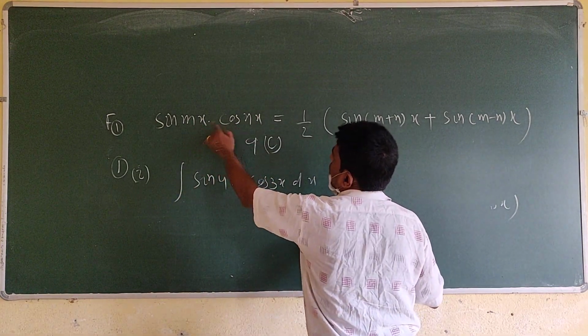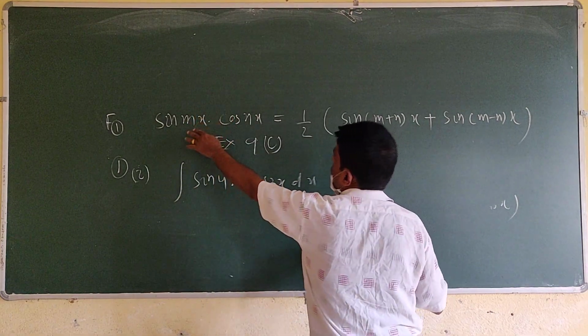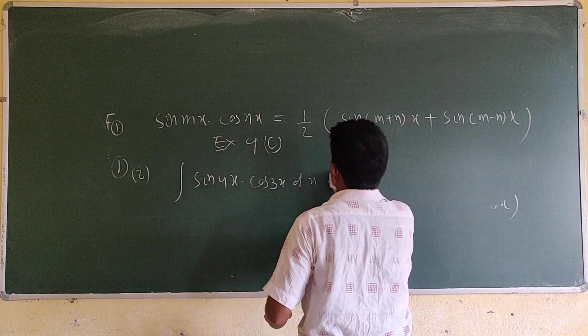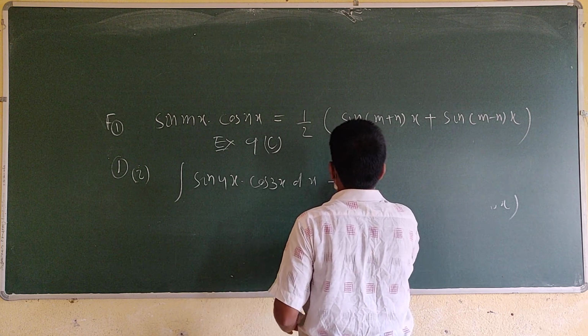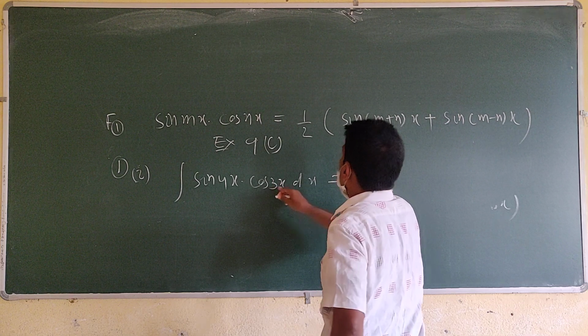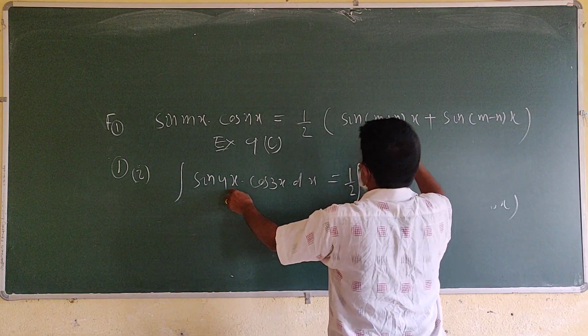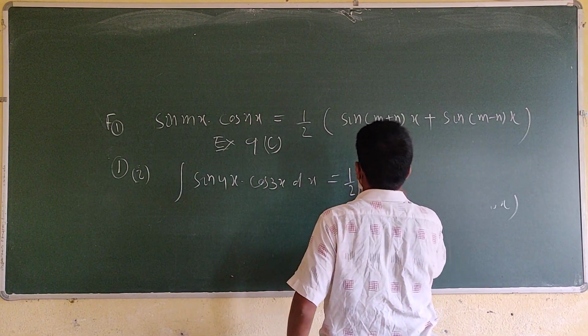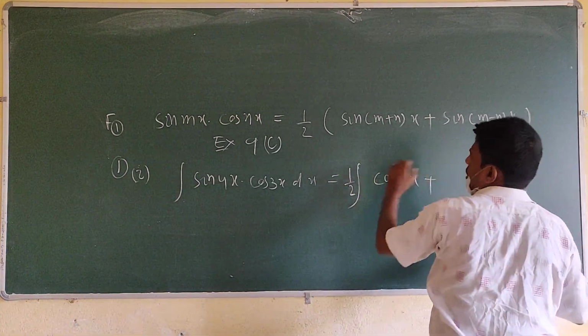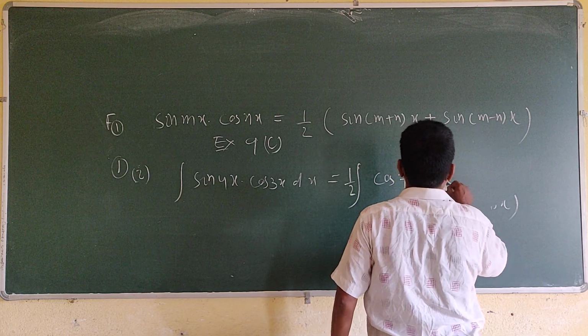That is the form sin mx cos nx, the first formula we already discussed. Here m is equal to 4, n is equal to 3. So the half is a constant, taking it outside of the integration: sin (4x plus 3x), that is sin 7x, plus sin (4x minus 3x), that is sin x.